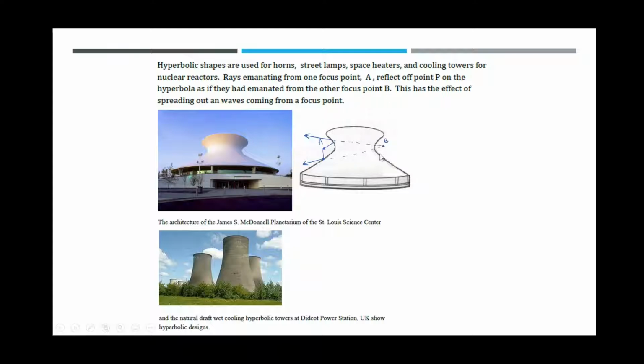So this is the second hyperbola here, and there's a focus point right there. This has the effect of spreading out waves coming from a focus point. You can see two pictures here: architecture, a planetarium over here, and then the wet cooling hyperbolic towers in the UK.